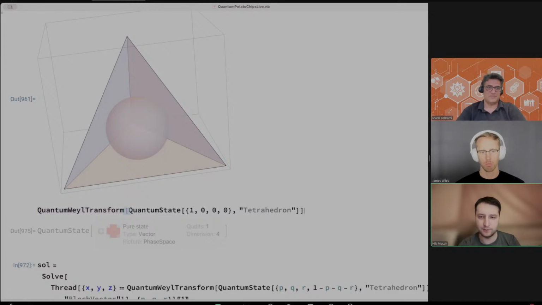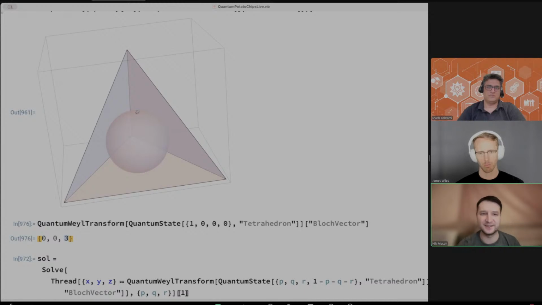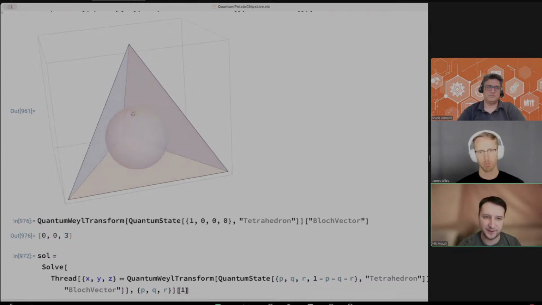Yeah, you can just do this. You again go to Hilbert space with the Weyl transform and compute the Bloch vector, and see it doesn't have a radius of 1. It goes beyond radius 1. Now it has radius 3, right? So it's 3 times away. I guess maybe if it's correct, let's actually see.